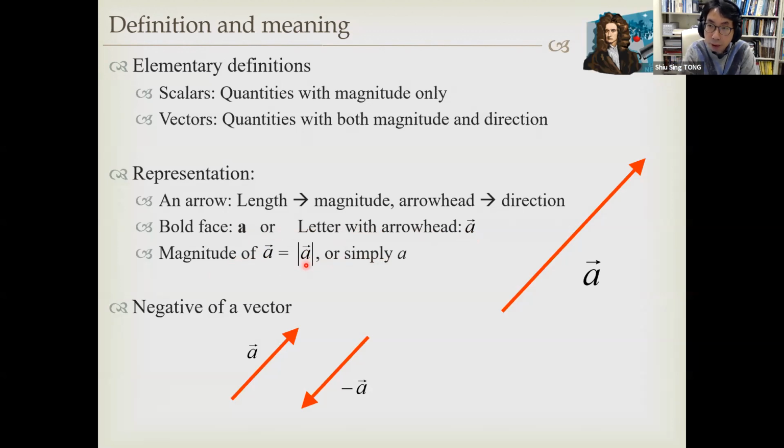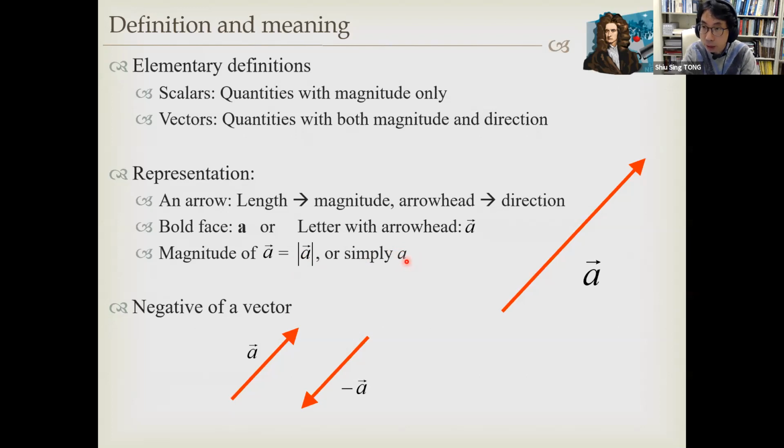The mathematicians may be more rigorous in the notation. They may use an absolute sign or even the modulus with a double vertical bar. But in this course, we want to make the symbol simpler.